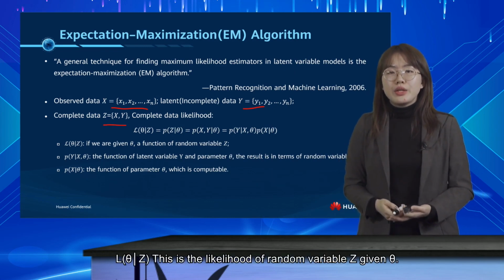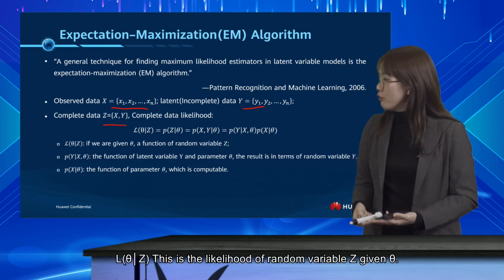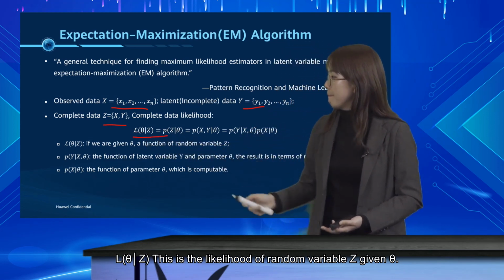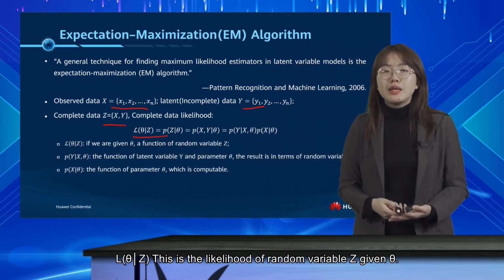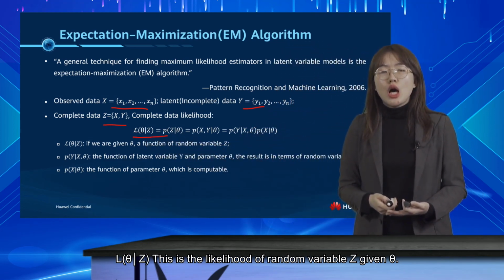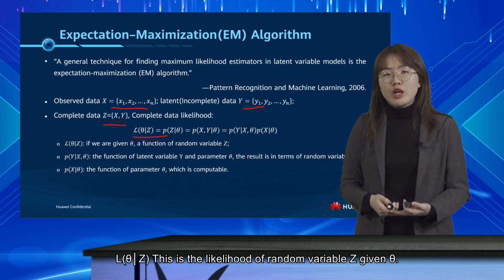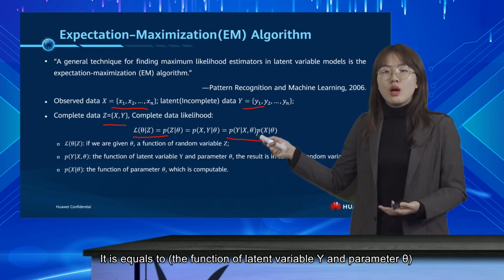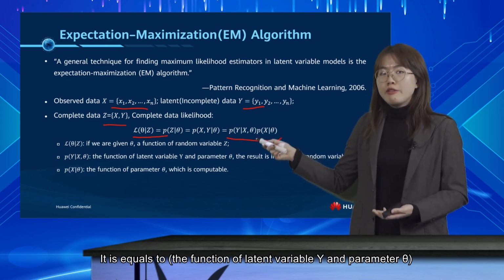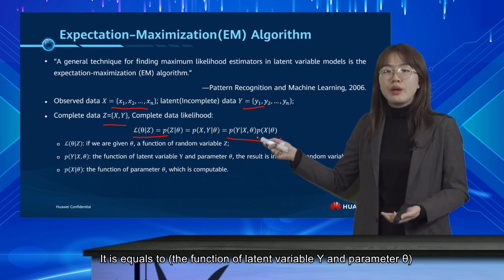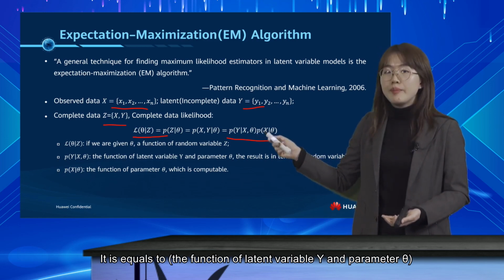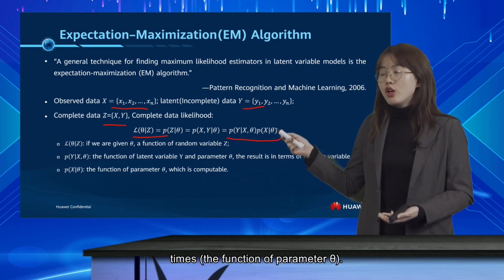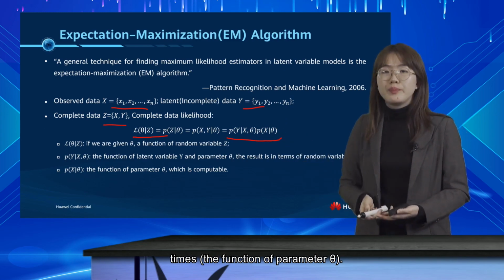And the data likelihood is defined over here. This is the likelihood of the random variable Z given theta. It is equal to the function of the latent variable Y and parameter theta times the function of parameter theta.